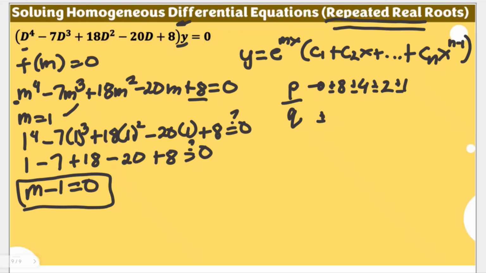So you will have 8 possibilities, 8 types of trials, p over q, and 1 is included in here. You could try all of these to find all the roots. But since we're already sure about this one, let's use synthetic division.